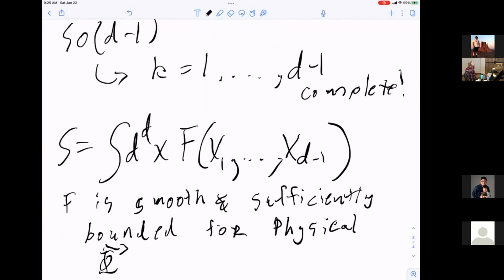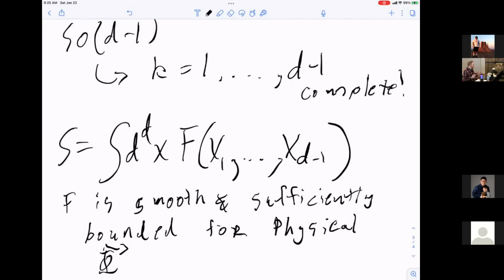Now, you should all tell me this action is completely useless. And you're right, this action is completely useless. Because if I look at the space of functions F, sufficiently smooth and sufficiently bounded for my physical jelly displacements, then that means I have an infinite dimensional space of possible actions that I could write down.